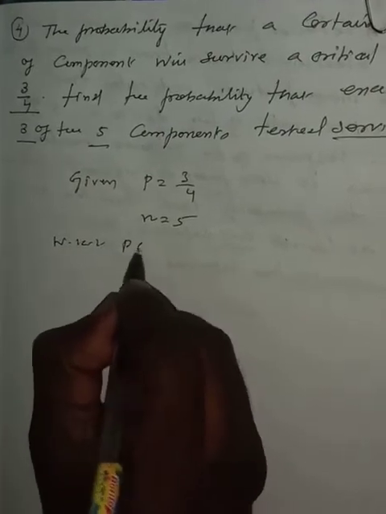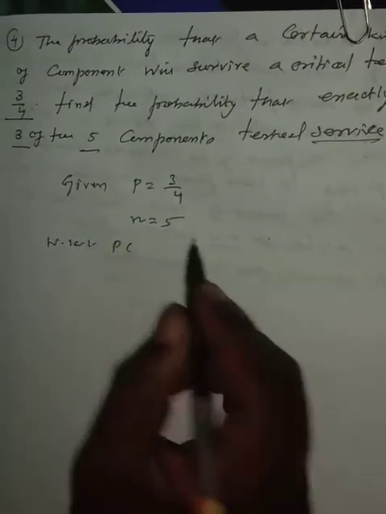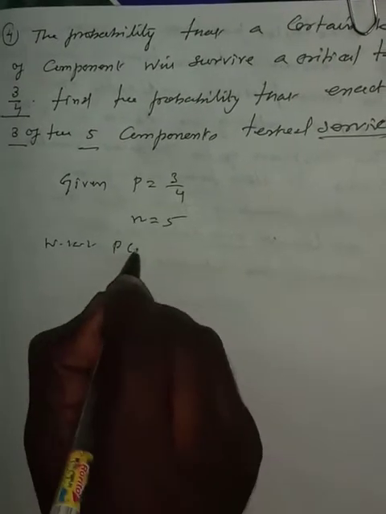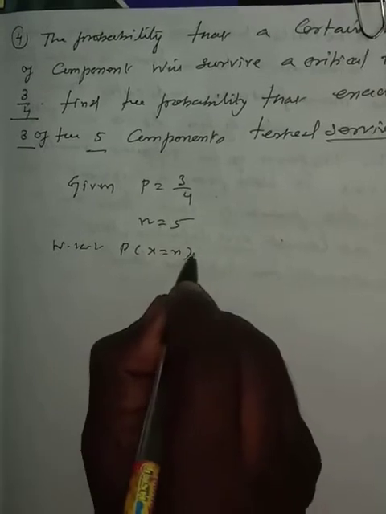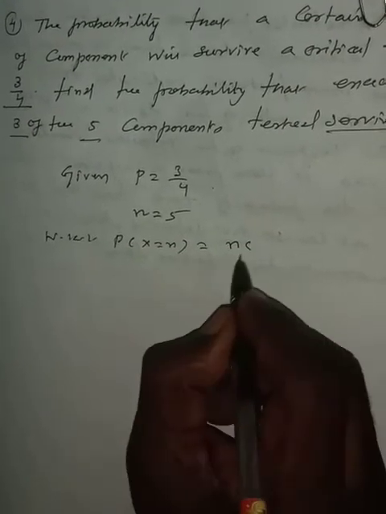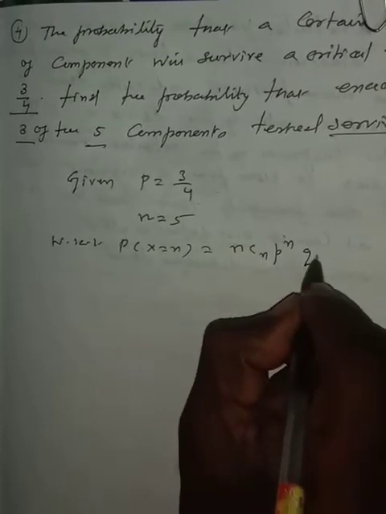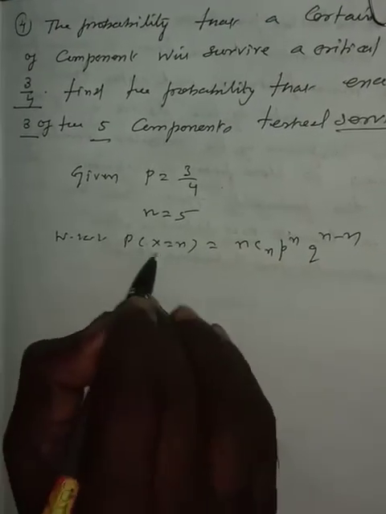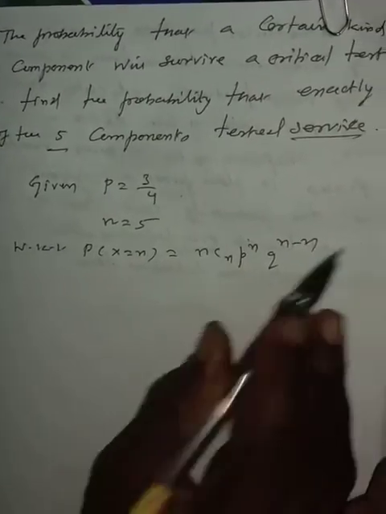You know that P of x equal to x, or P of x equal to k, is nCx by the binomial distribution formula: nCx P to the power of x Q to the power of n minus x. If x is equal to k, then nCk P to the power of k Q to the power of n minus k.